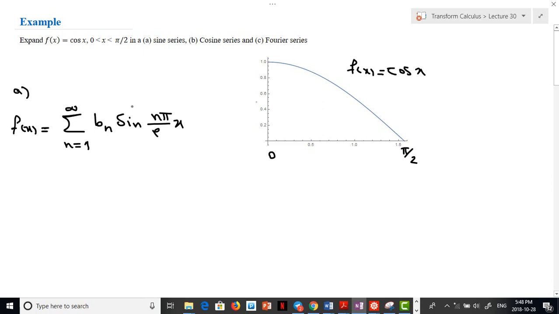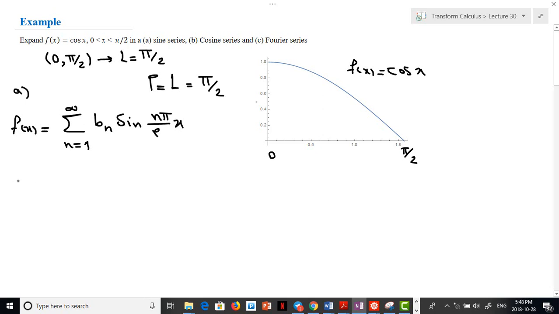When we use the sine series, p is assumed to be equal to L. Here the function is defined on the range of 0 to pi over 2, so L is equal to pi over 2, which means p is equal to pi over 2.